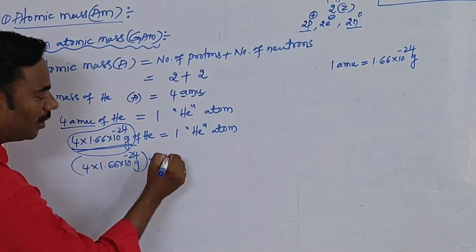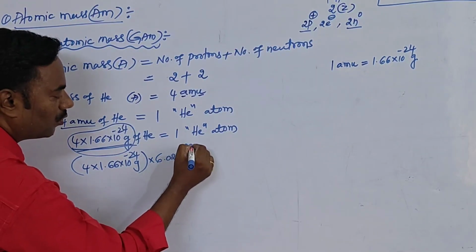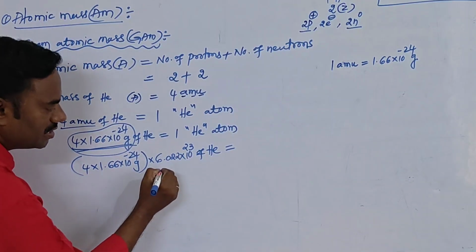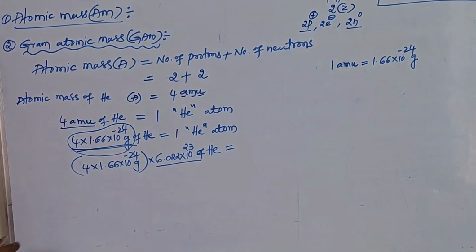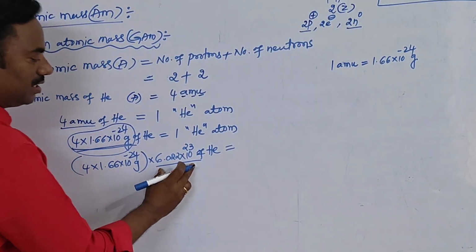into Avogadro's number, 6.022 into 10 to the power of 23, of helium. This is Avogadro's number. This number is multiplied with this.